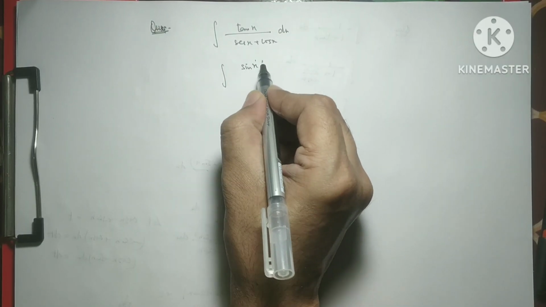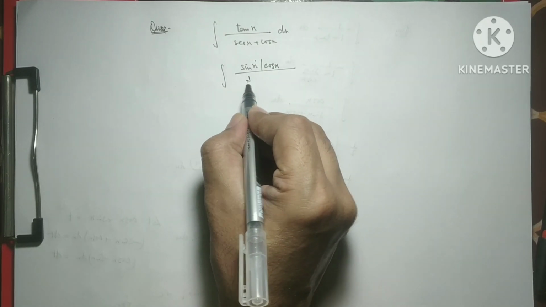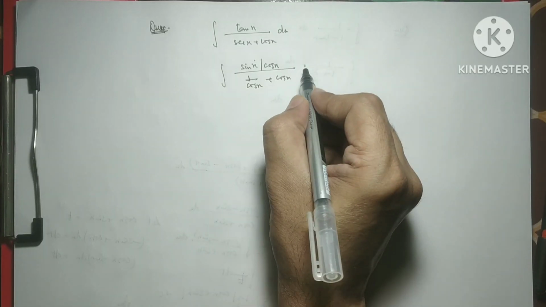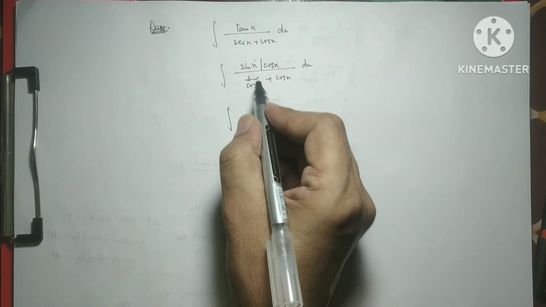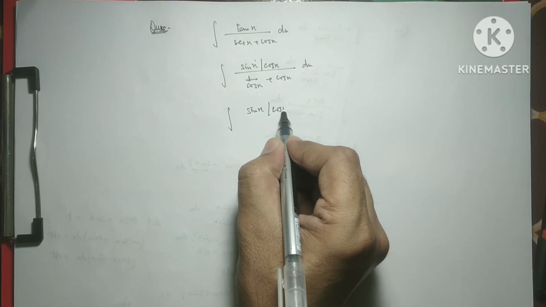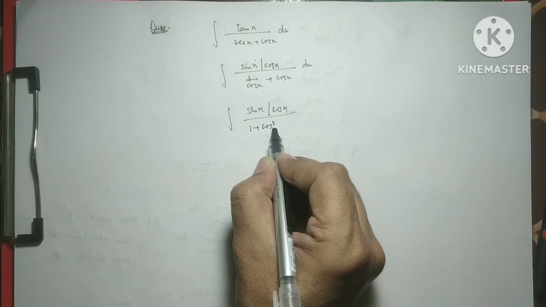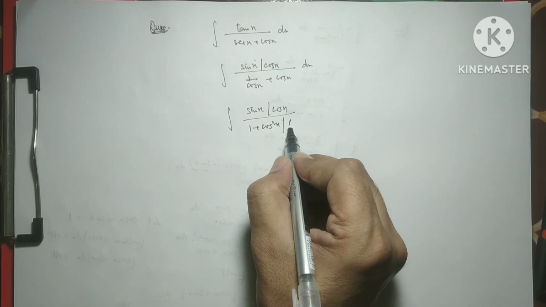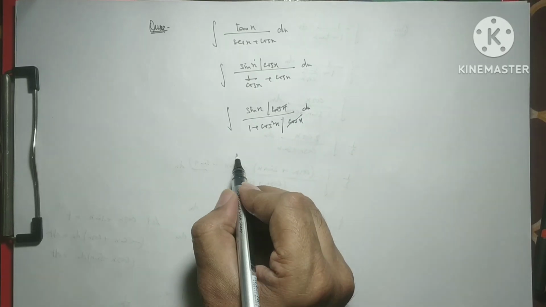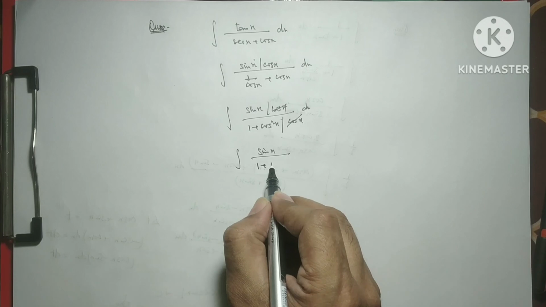Tan x is sin x over cos x, and this is 1 over cos x plus cos x, and on simplification we get sin x over cos x, and there is 1 plus cos square x over cos x. So this will be cancelled out, and we have sin x over 1 plus cos square x.